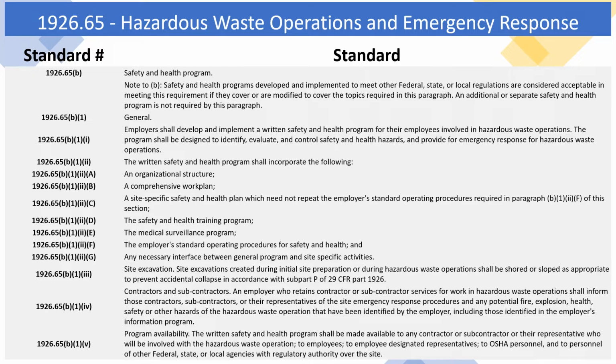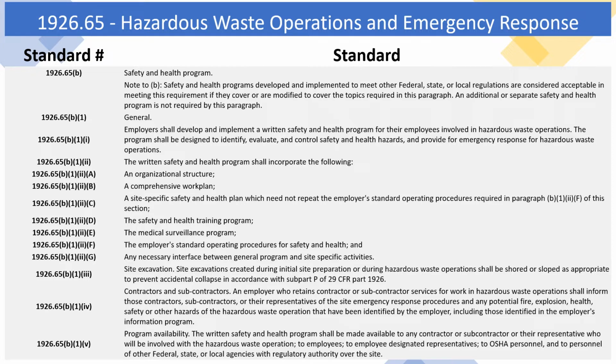An employer who retains contractor or subcontractor services for work in hazardous waste operations shall inform those contractors, subcontractors, or their representatives of the site emergency response procedures and any potential fire, explosion, health, safety, or other hazards of the hazardous waste operation that have been identified by the employer, including those identified in the employer's information program.